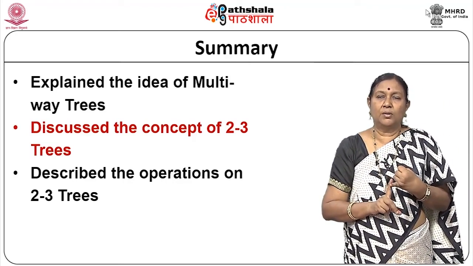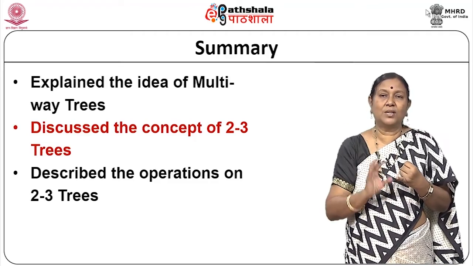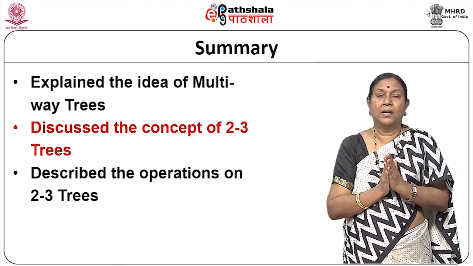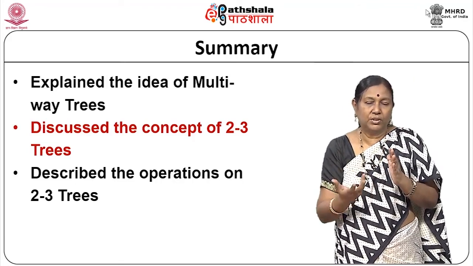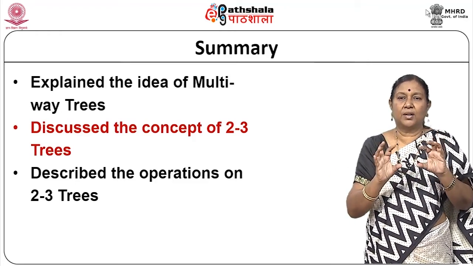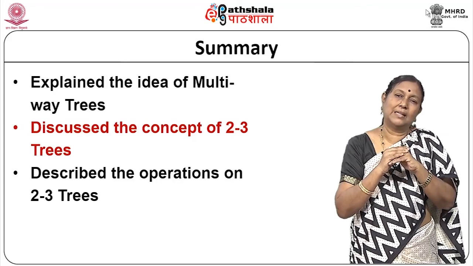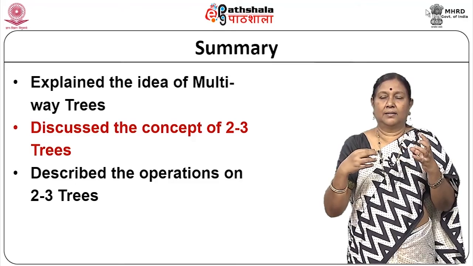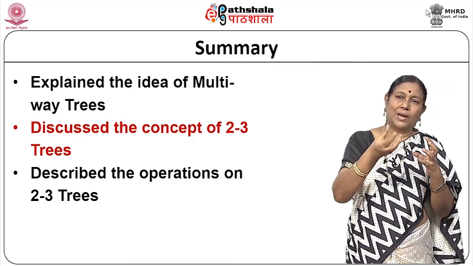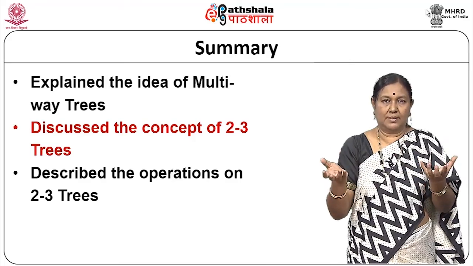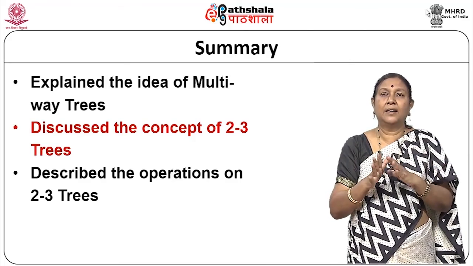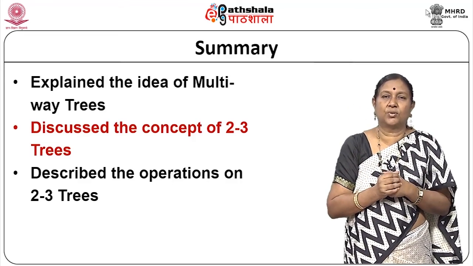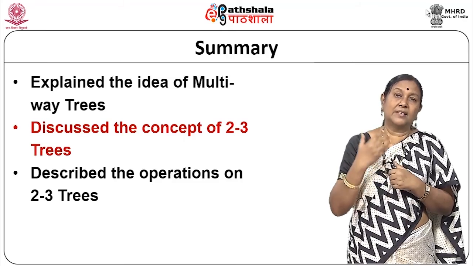One was you allowed more than 2 children, the similarity was it was supposed to be a search tree, it is balanced, that way that remains the same, but the difference is you could have more than 2 children and you had a concept of all the leaves all being at the same level, that is a very important property, and you had key values at the nodes which was one less than the number of children allowed, and we had the concept of splitting and merging so that the properties were maintained and some redistribution so that the balancing was maintained and the search properties maintained.